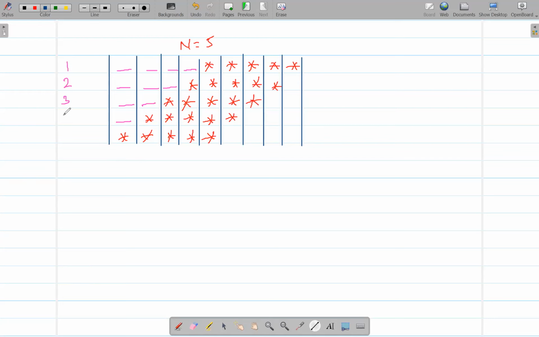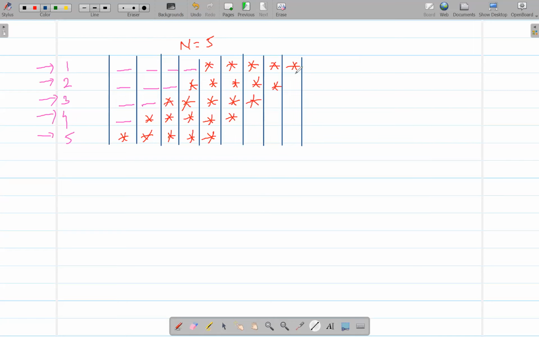Rows, if you see the rows, it's straightforward, 1 to 5. Columns, how many columns are you able to see? How many columns are there? 9 or 10?